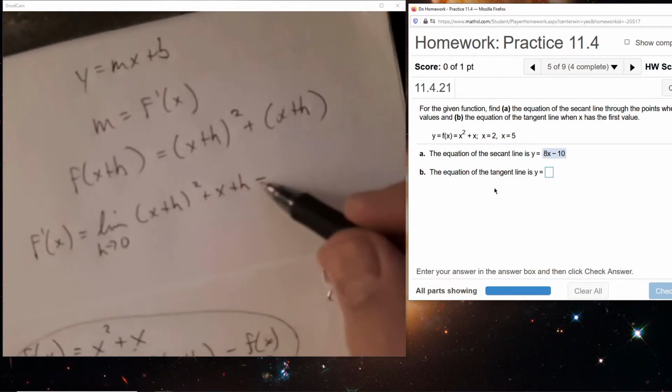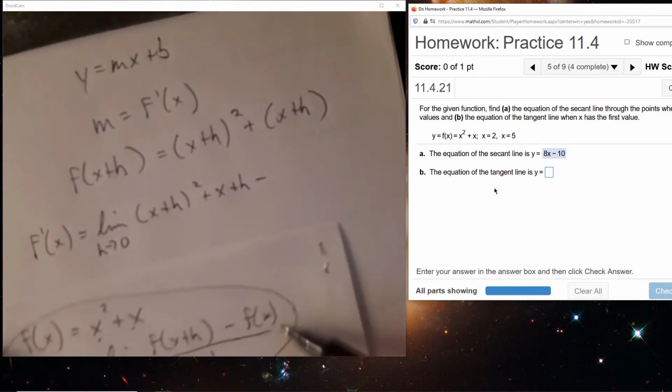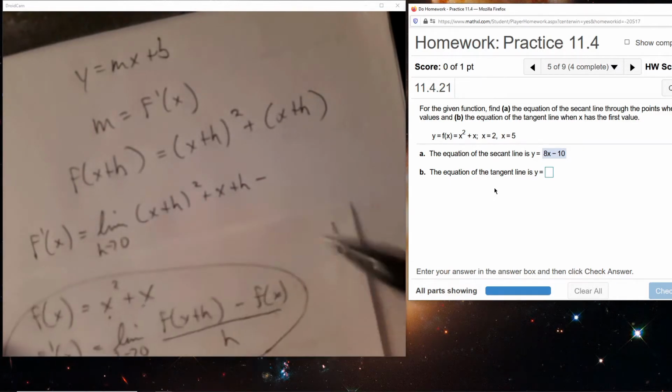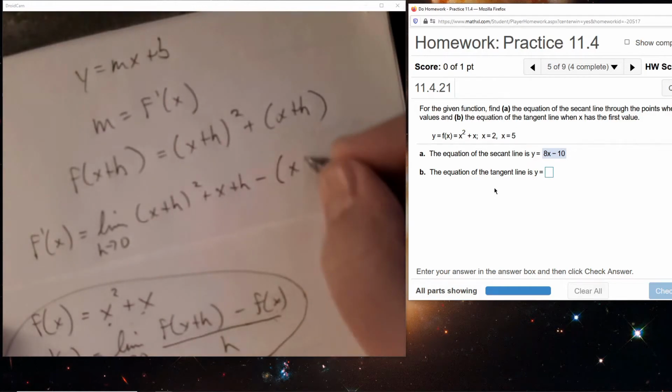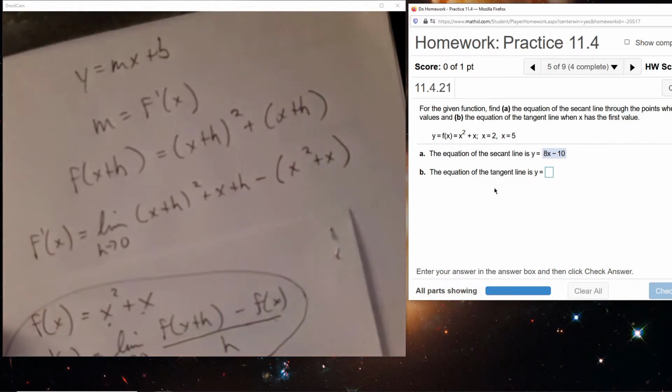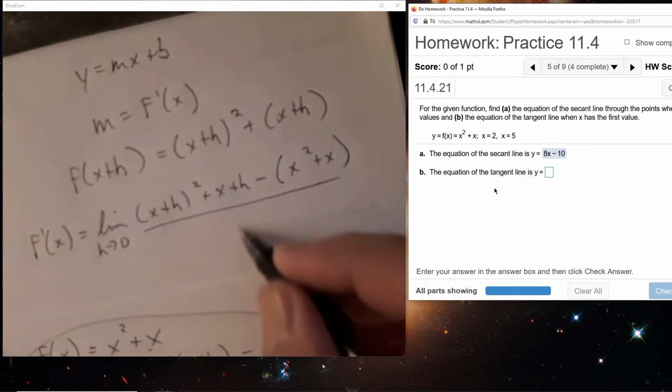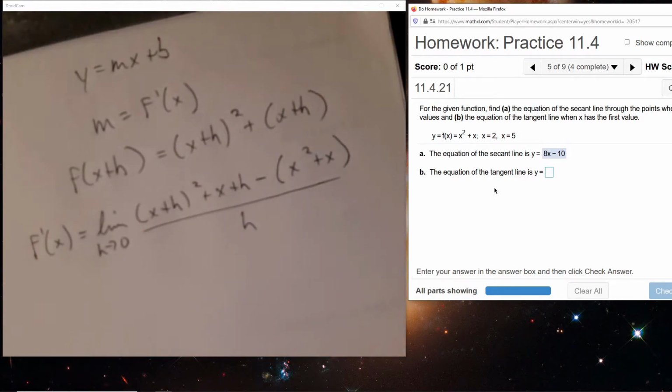And now we're minusing the original function. Since the original function has 2 terms, we have to use parentheses here to make sure the minus sign distributes correctly. And that's all divided by h.